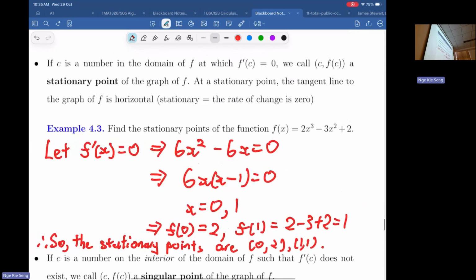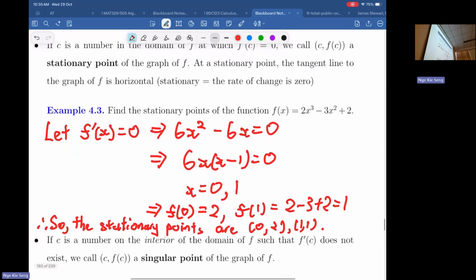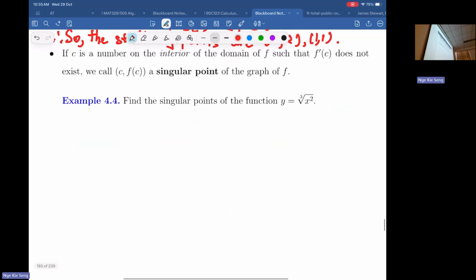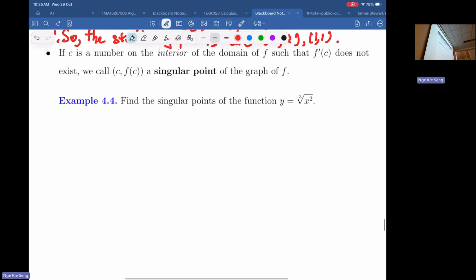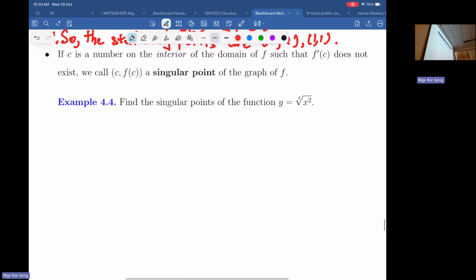So far I think it's quite straightforward. Next one is called the singular point. If c is in the interior of the domain such that f'(c) does not exist, we call (c, f(c)) a singular point of the graph of f. So what does it mean by interior here?